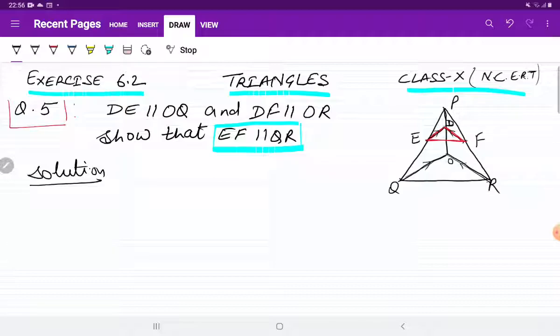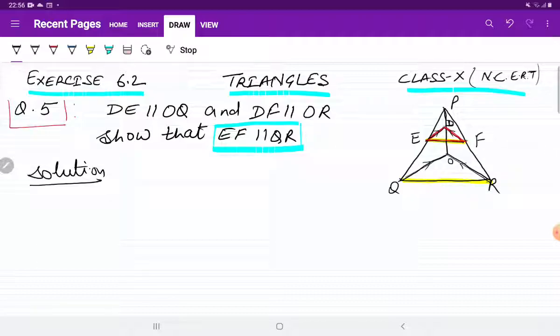This is given. And you have to prove that EF is parallel to QR. These two sides you have to prove parallel: EF is parallel to QR.